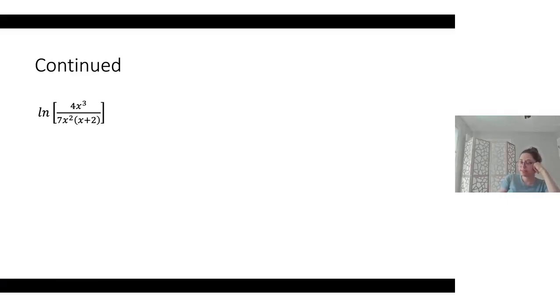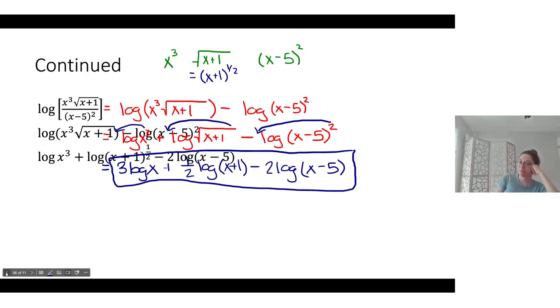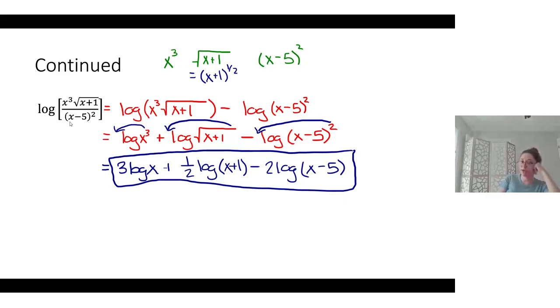All right, this one is pretty similar. Instead of having multiplication in the numerator, we just have multiplication in the denominator. Another thing we might notice about this one is where in our last example, there was nothing I could simplify before I got started. There are no common factors in the numerator and denominator.